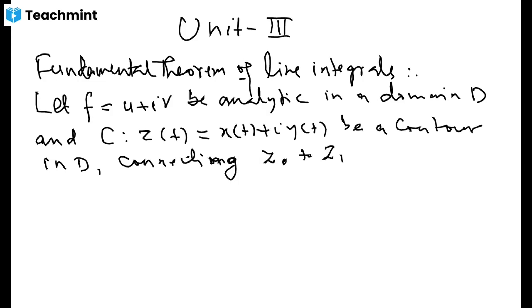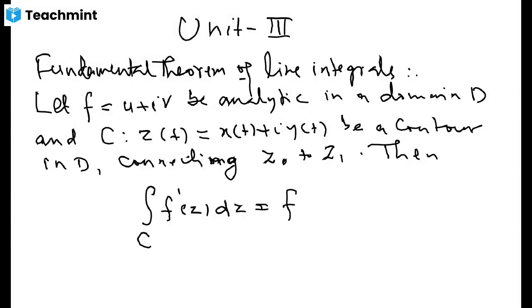So what this theorem says is that the line integral of the derivative of this analytic function over this contour C can be computed as the value of f at z1 minus the value of f at z0.